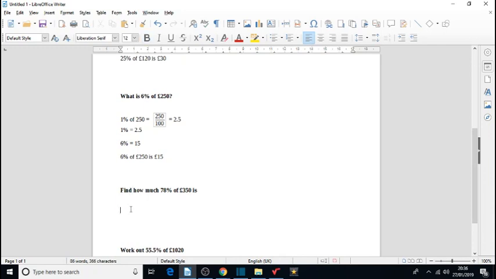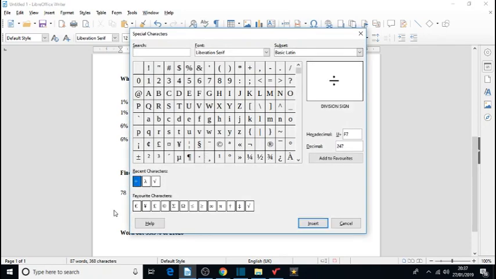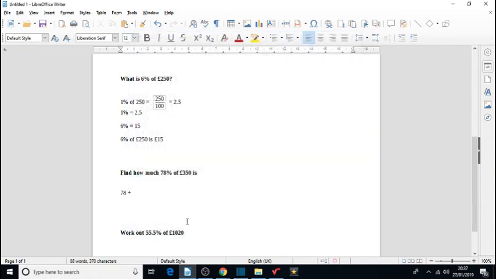Find out how much 78% of 350 is. We can use the one sequence method, where we do it all in one go. So 78% of 350, we're going to do 78 divided by 100, multiplied by 350.